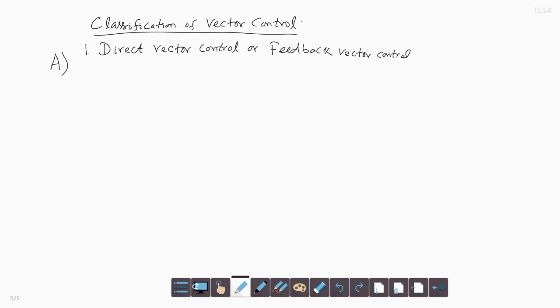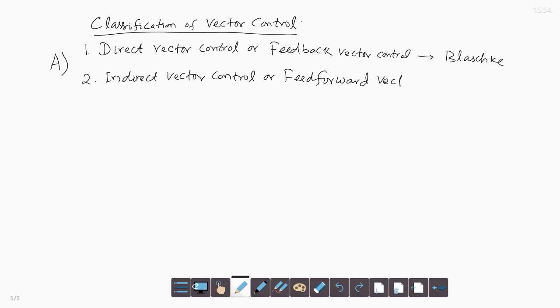It was invented by Blaschke. The other one is the indirect vector control, or feed forward vector control. It was invented by Hasse.